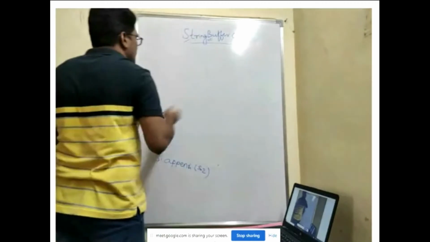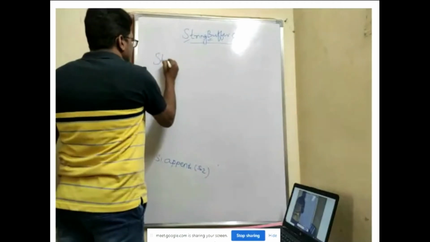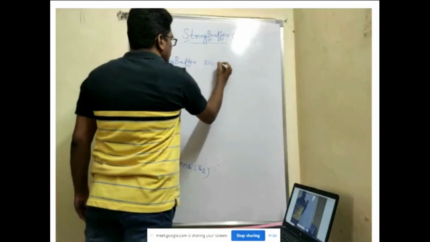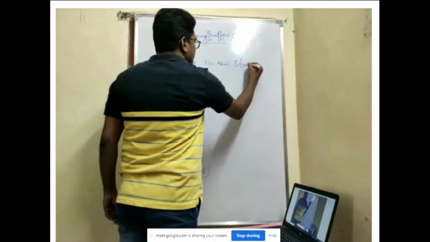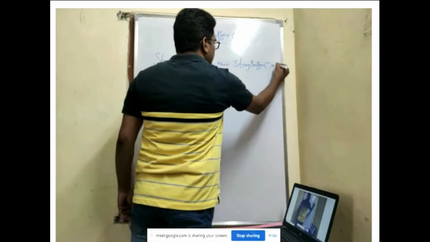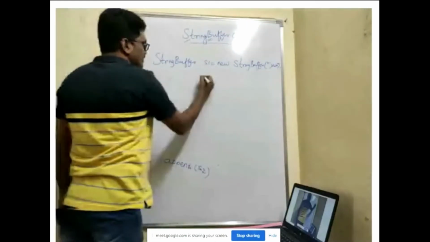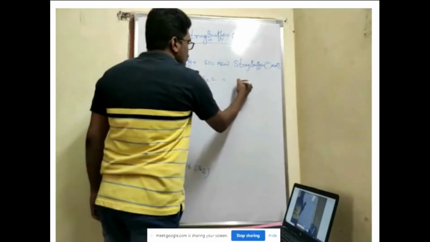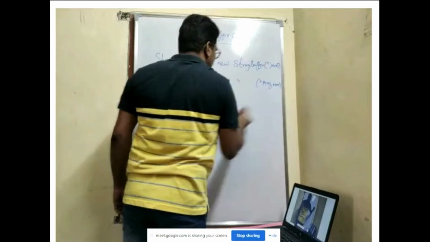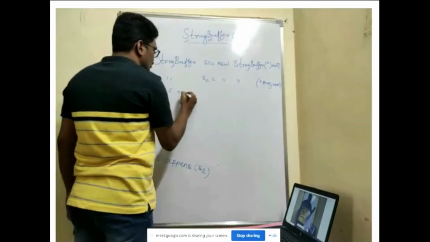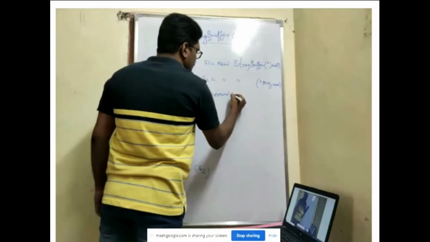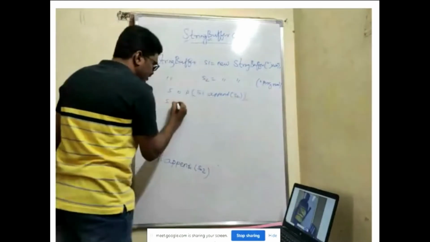See here: StringBuffer s1 is equal to new StringBuffer of Java. Similarly, s2 is equal to new StringBuffer of program. System.out.println, if I say s1.append(s2), again I'll use System.out.println(s1).